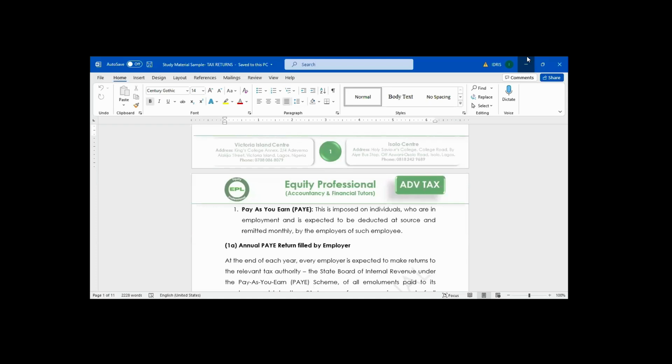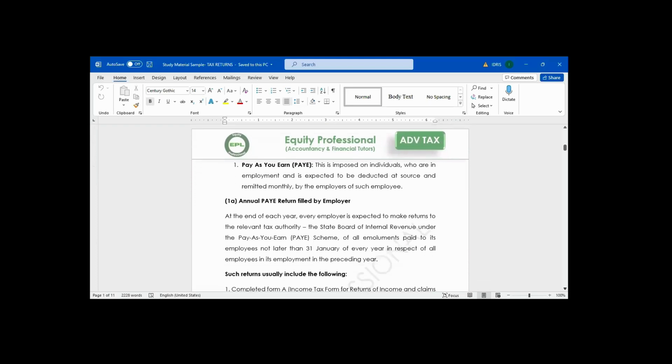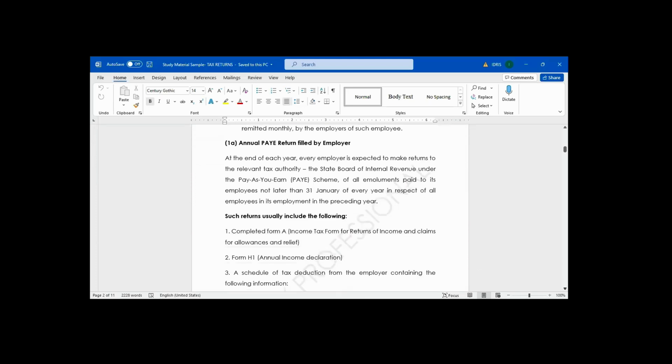So this PAYE, for the annual one, it must be filed not later than 31st of January of the following year. While for the monthly one, it must be filed on the 10th of the following month.